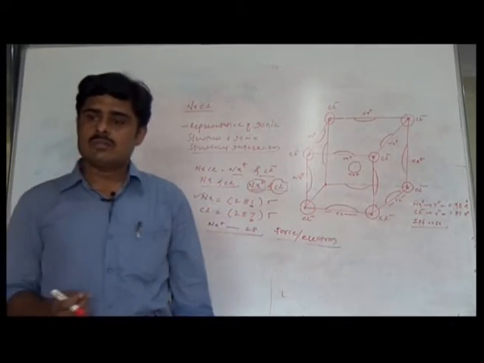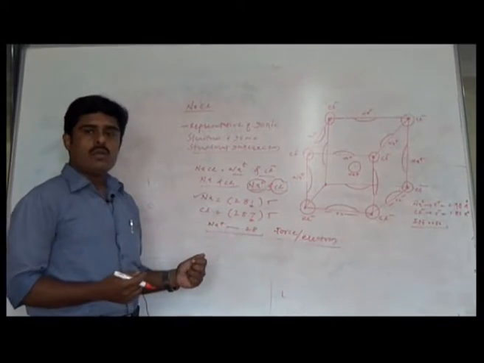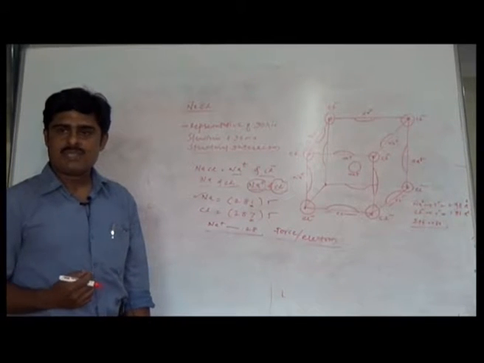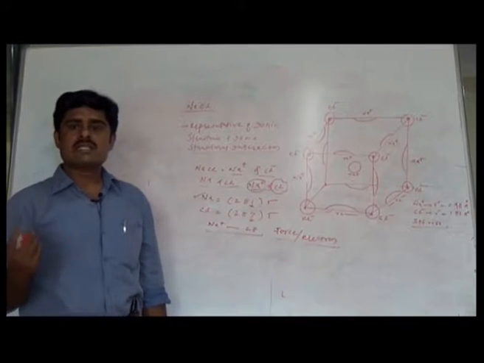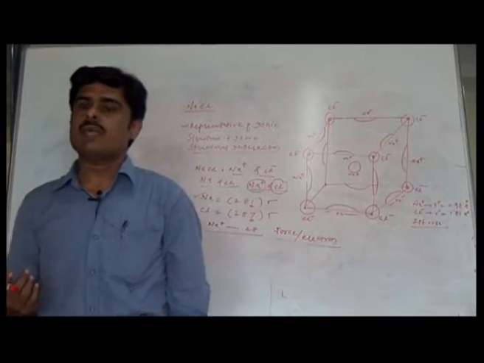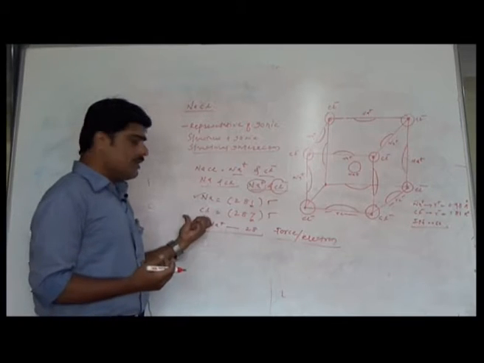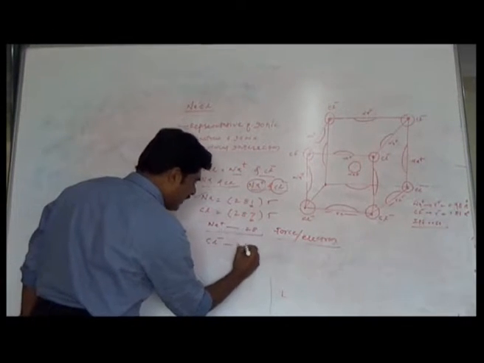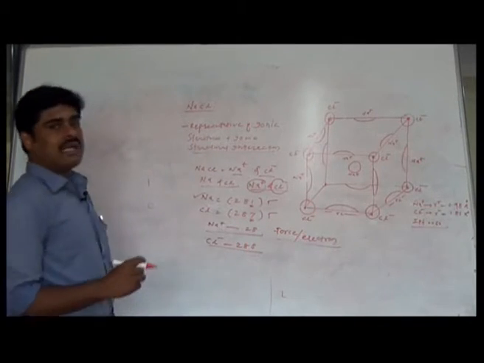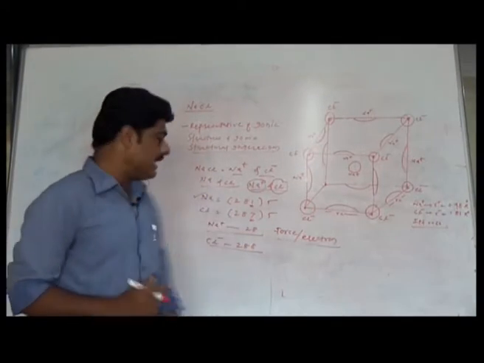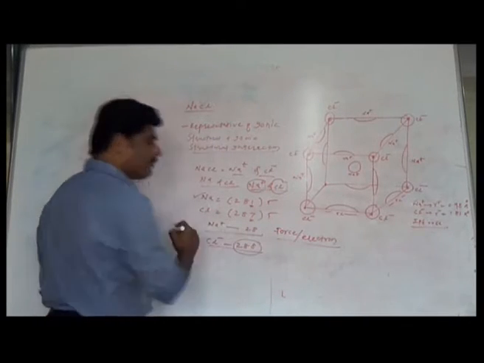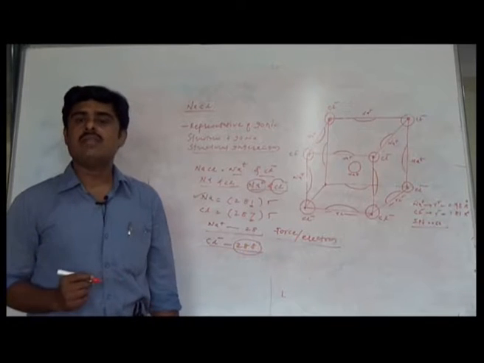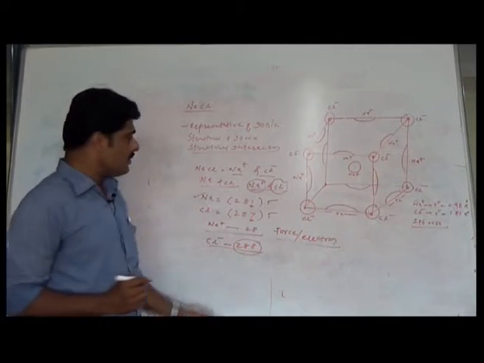Now coming to the second, that is Cl minus. Chlorine has the 2, 8, 7 configuration, ready to accept one electron. Once it gets one, it changes its configuration from 2, 8, 7 to 2, 8, 8. Cl minus as 2, 8, 8 now has to attract how many electrons? 2 plus 8 plus 8, 16 plus 2, 18 electrons.